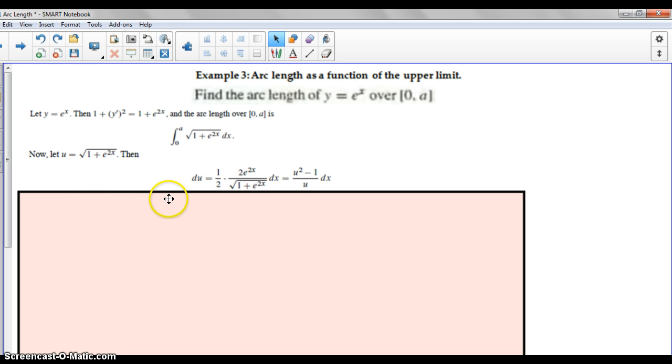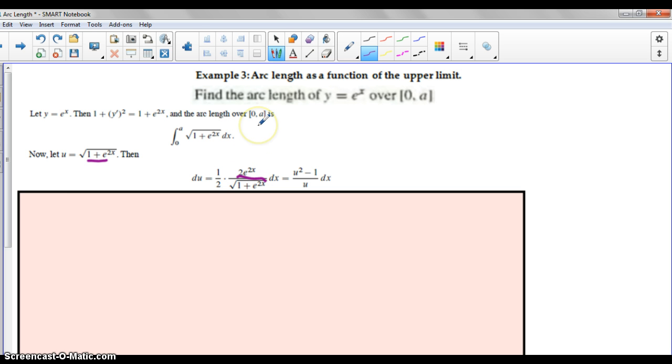Then du, if you use the power rule, the radical has an exponent of 1/2. So that exponent gets dropped. This term right here with power half on it, we subtract 1 from it, so it goes to the bottom as a power negative half. And then we multiply by the derivative of the inside. The derivative of the inside, 1's derivative is 0. E to the 2x's derivative is 2e to the 2x.